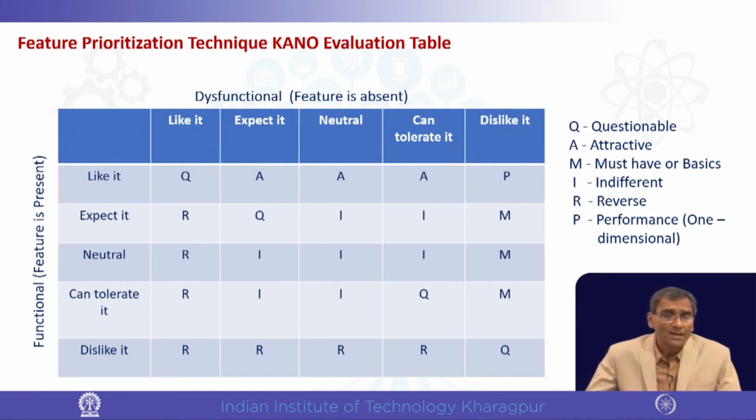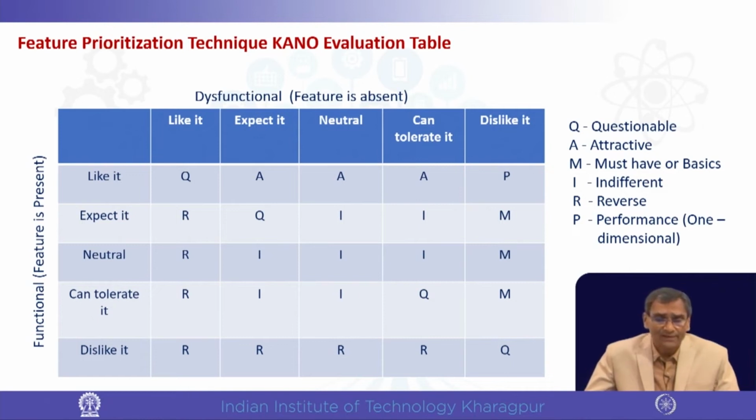Now, if we expect it to be there, and if it is not there, we dislike it, then it is a must have, it is basic, one cannot miss it.